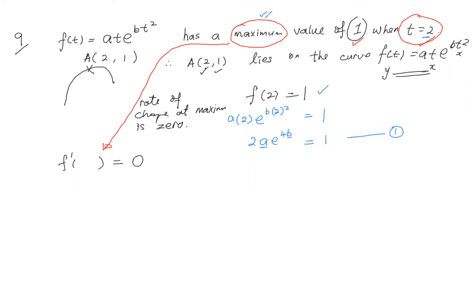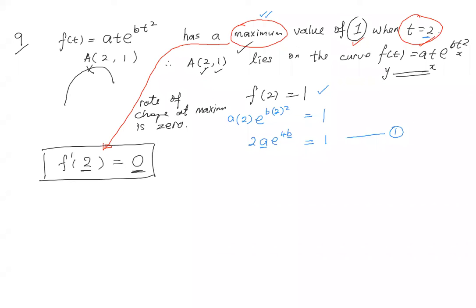So that's why I put f prime something equal to 0. What is the something I have to fill in? 2. Yes. So this will help you to form another equation, because of the word maximum. Because I know that the rate of change at maximum is 0, and it happened at t equal to 2.